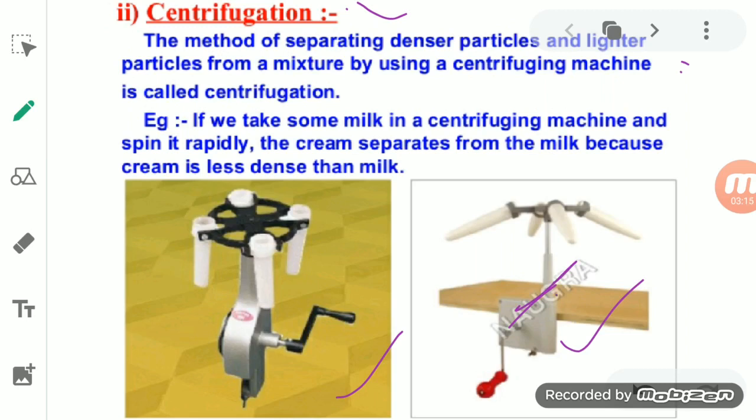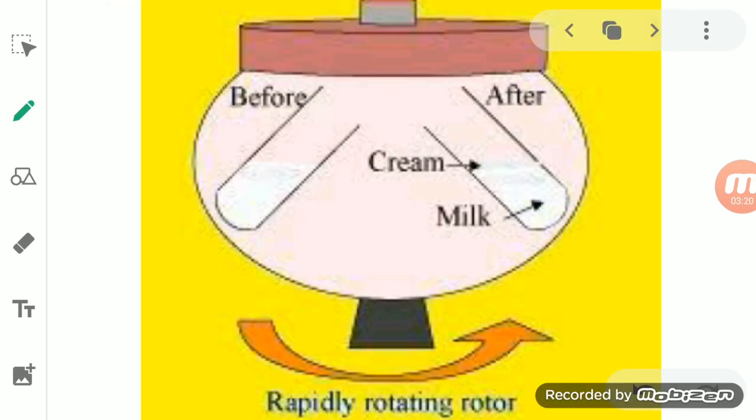Now see here, in the method of centrifugation, the mixture of fine suspended particles in a liquid is taken in a test tube, and the test tube is placed in a centrifuge machine. Here we have kept milk, where the milk and the cream are mixed together.